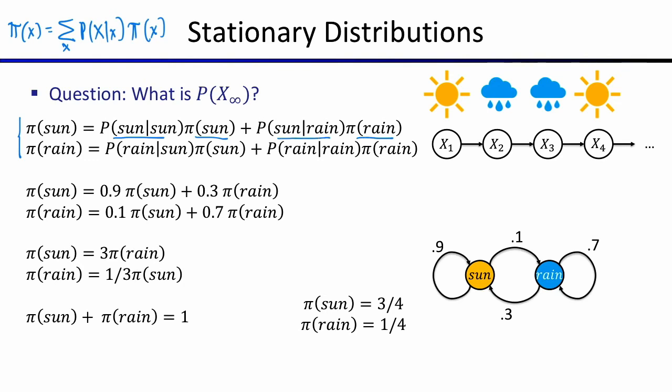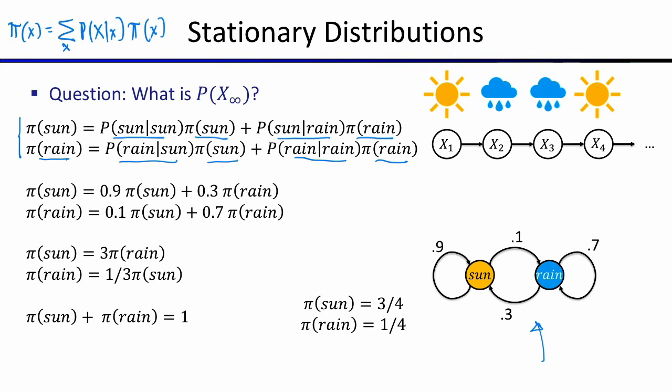The second possibility is the probability of rain. So it's going to be the stationary probability of rain, which means that it was in a sunny state and transitioning from sun to rain, plus I was in a rainy state and transitioning from rain to rain. And we know how much these are because we can find them in this graph that represents the transition probabilities.